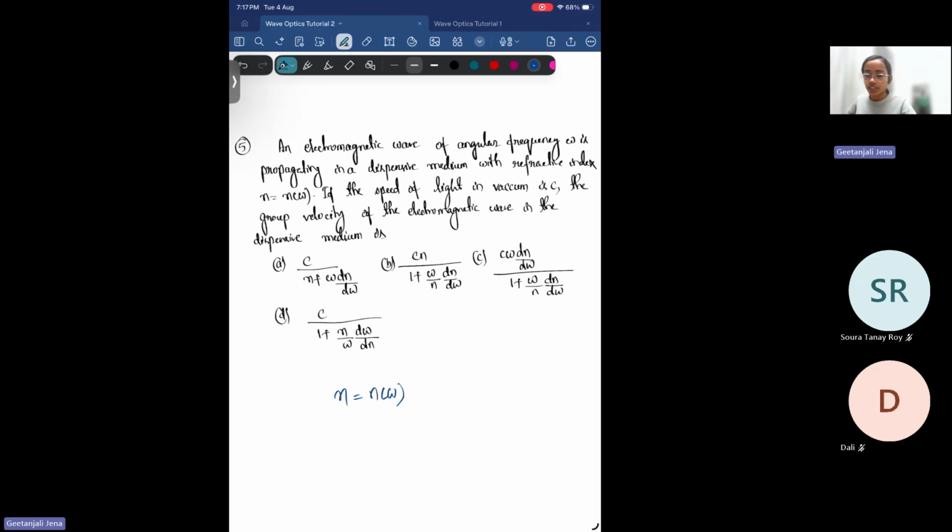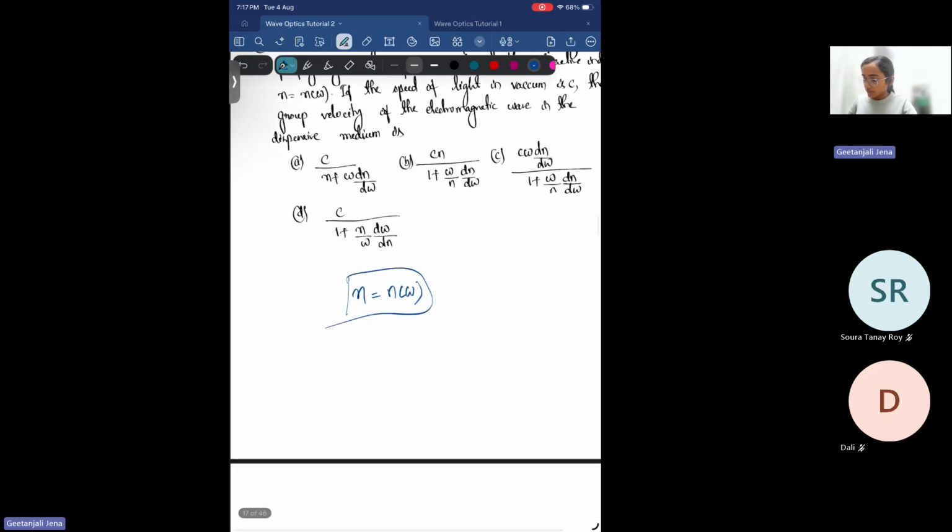So take the definition of the group velocity and find out how you can relate that to this. Option B. Okay, so let me go through the steps first.